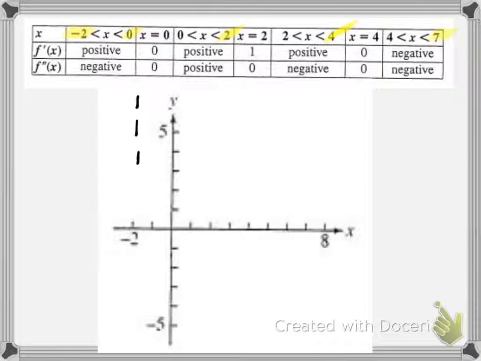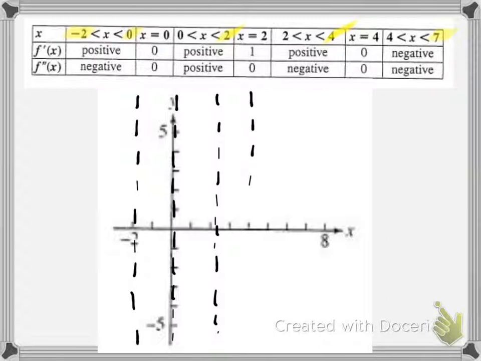I'm going to break it up. I'm going to put these vertical lines at those points, breaking up my graph so I can tell kind of what's going on in between them. So I also said +2, so I'm going to put a mark right there. Also at +4. And also at +7.